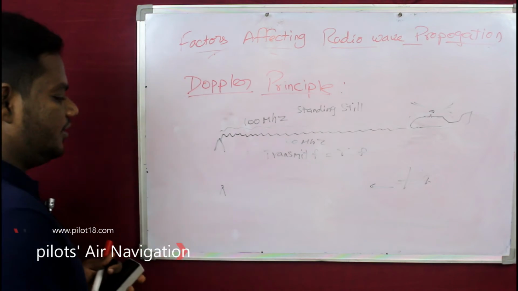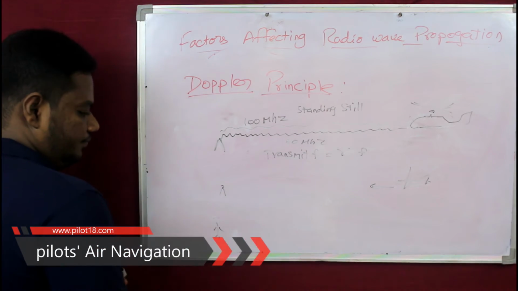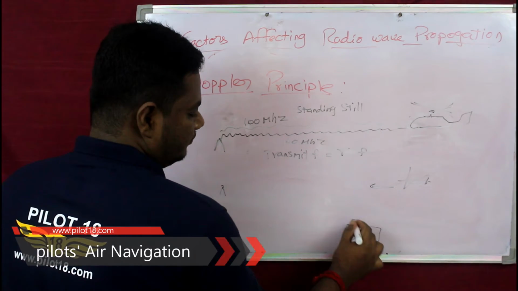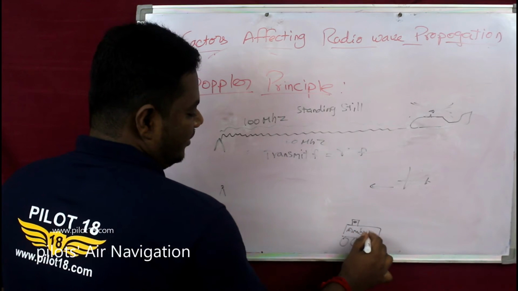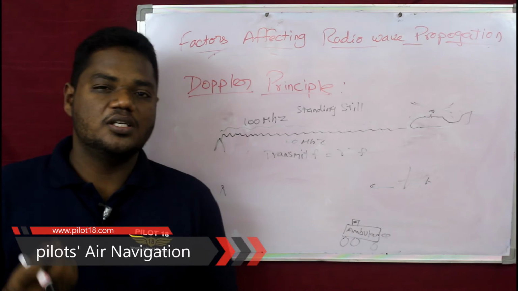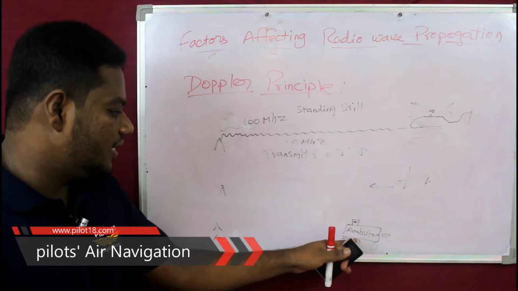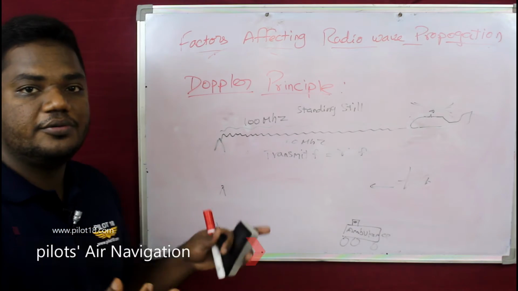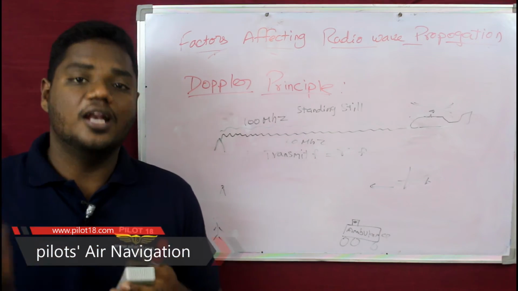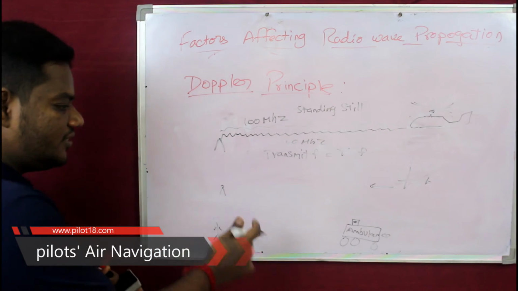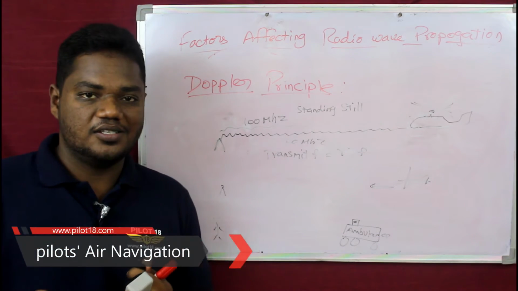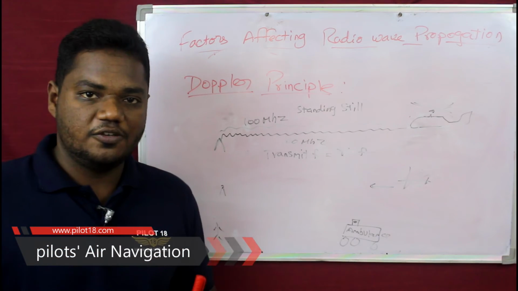Okay, the best example is when you're standing here and there is an ambulance. When the ambulance is far, you will hear the noise slowly, right? As the ambulance comes nearer and nearer, you will feel that the noise is very fast and loud. Okay, so that's the reason, because when you get closer and closer, the frequency increases. When you stand still, no increase of frequency.